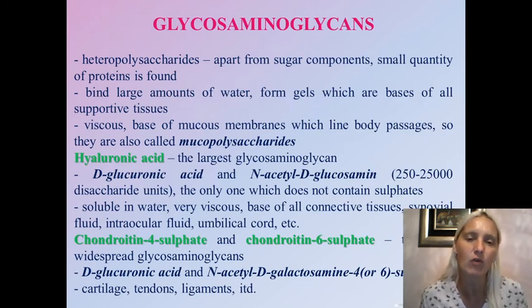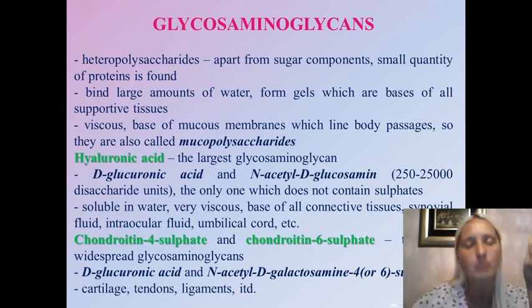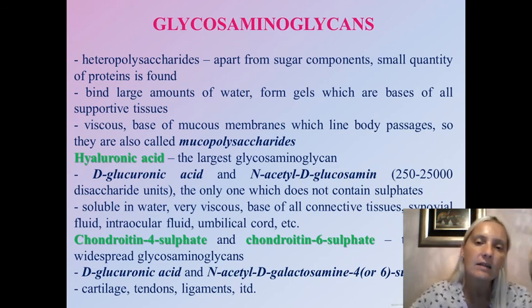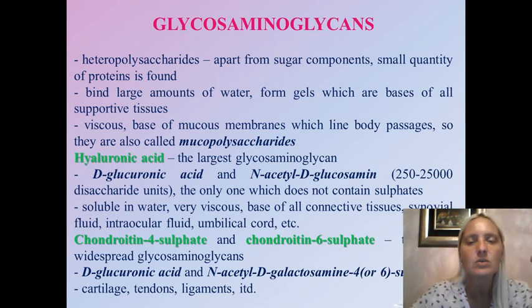Moving on to heteropolysaccharides, we can say that apart from the sugar moiety, they have a small quantity of proteins found in the structure. The common characteristic of those molecules is that they can bind large amounts of water. So they tend to form gels, which are the basis of all supportive tissues like connective tissues, collagen fibers, and so on.